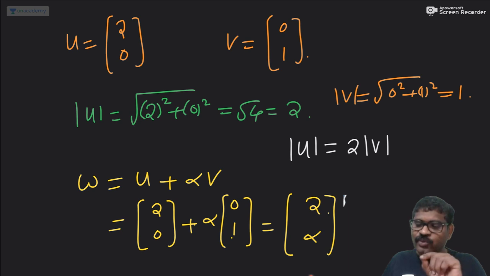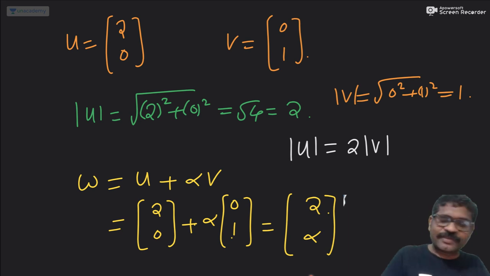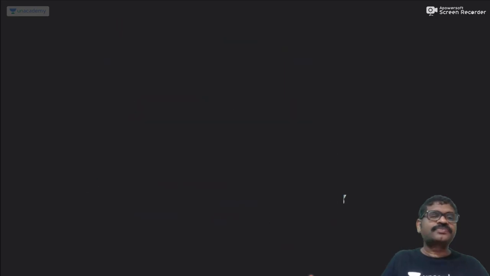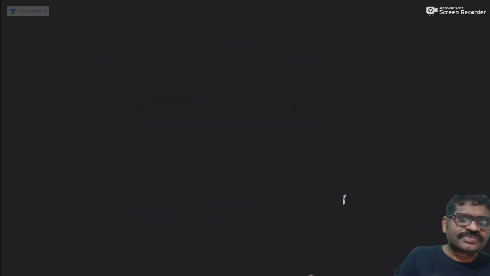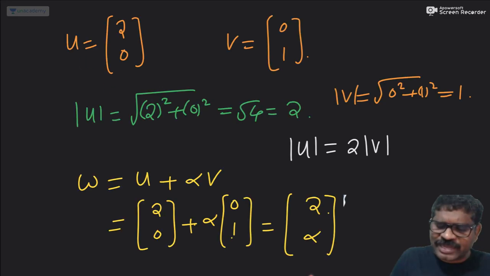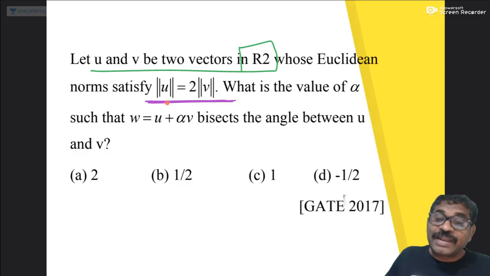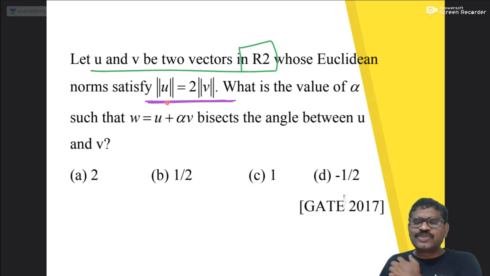Okay. Now I am going to write one statement. What is that statement? Clearly he has mentioned that W bisects the angle between U and V. Bisects means the angle between U and W and the angle between V and W are equal.